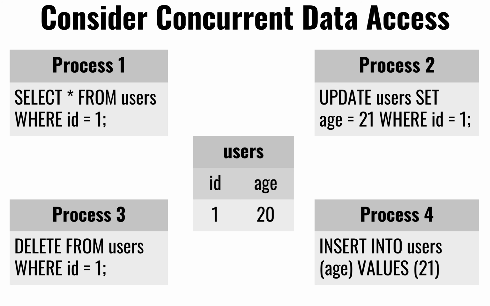So here's an illustration that you might have multiple processes, multiple threads. Some are doing selects, some are doing inserts, some are doing updates, some are doing deletes, all on the same table, maybe on the same row, maybe on the same field. Right? So certainly this chaos needs to be managed.